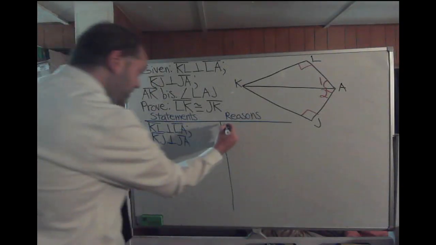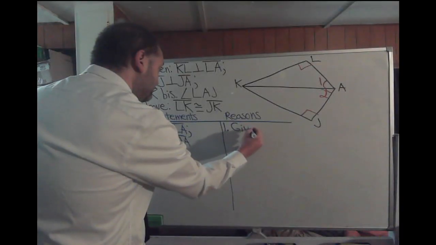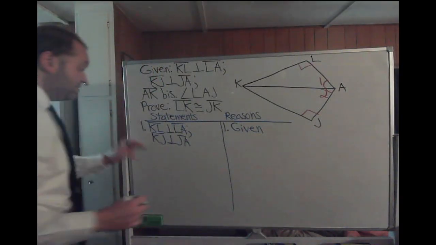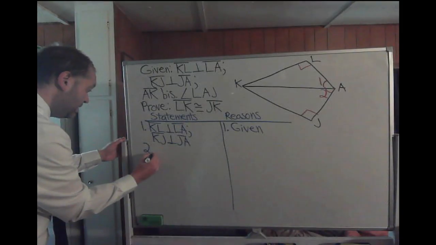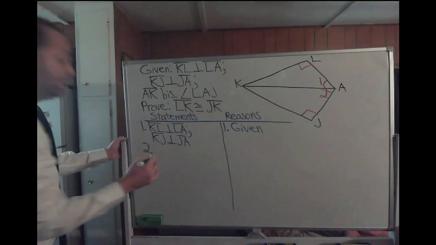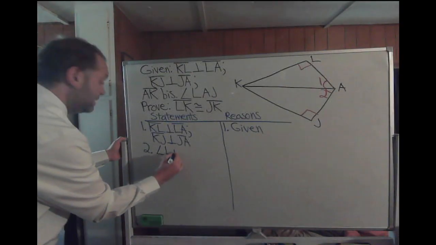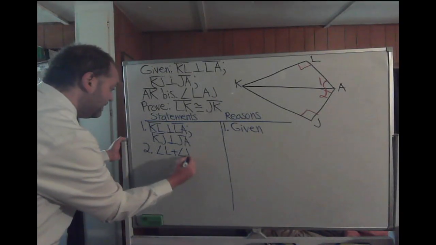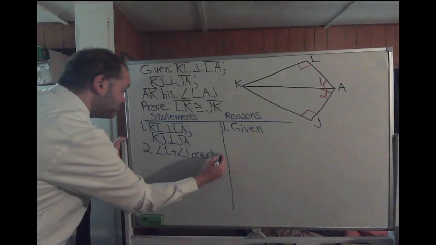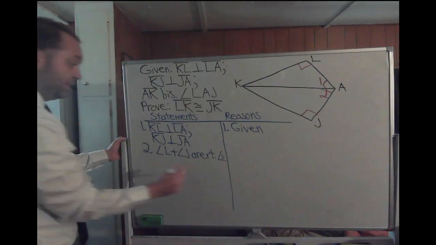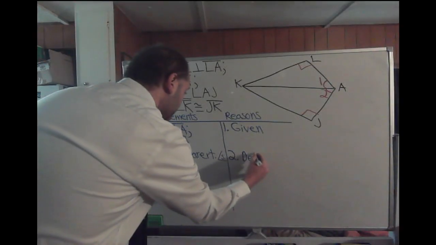Those, of course, have been given to you. Alright, so now that they're perpendicular, that's going to mean that angles L and J are right angles. That's going to be by the definition of perpendicular lines.